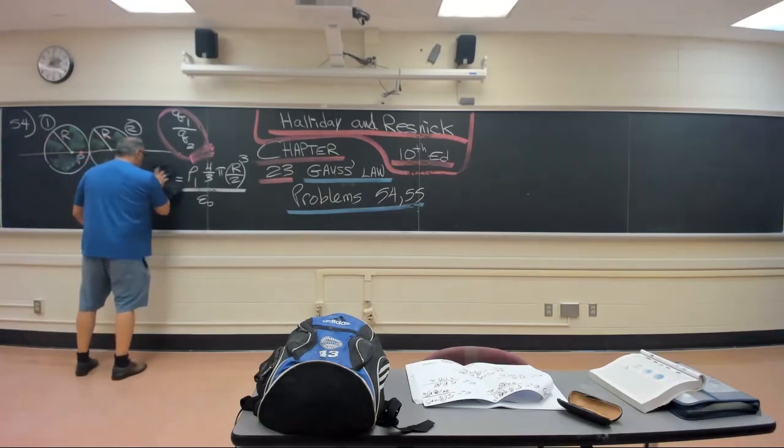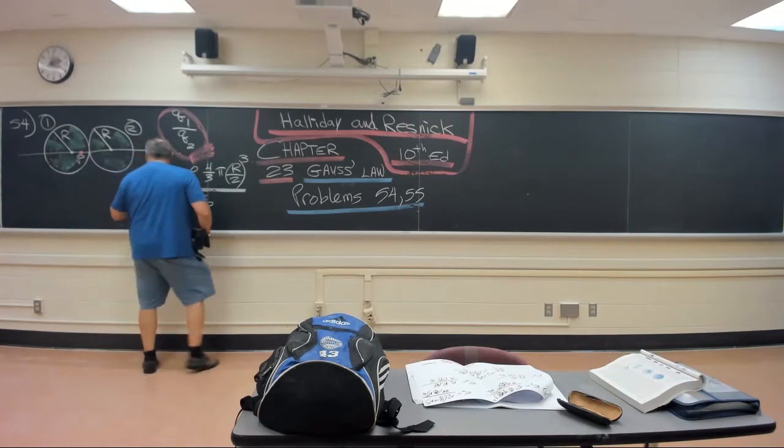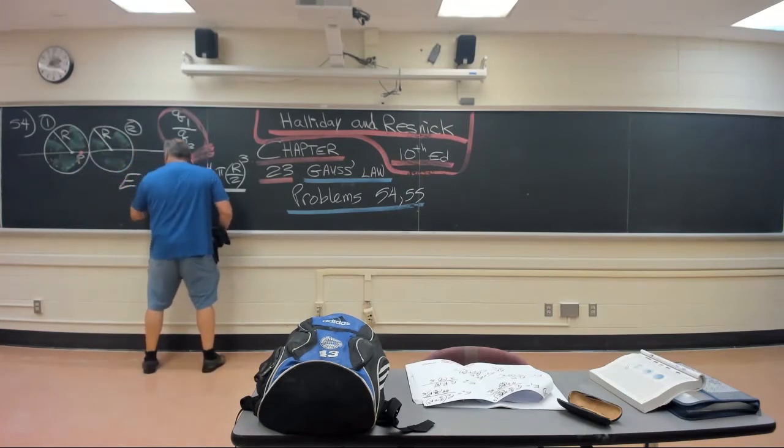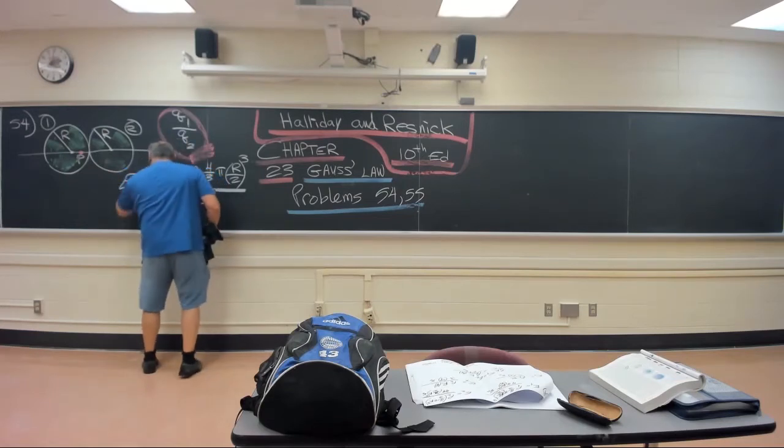When we do this, this is 4 pi (R over 2) squared.